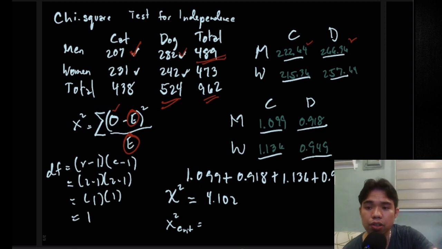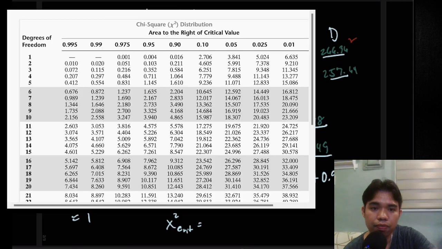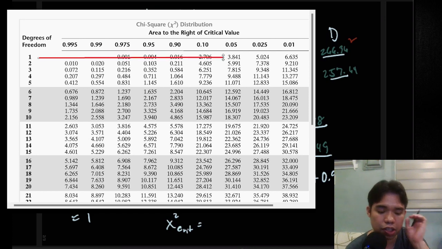Now going back to our table, the degrees of freedom will be 1, and our alpha depends on the given. So let's just assume that this is an alpha of 0.05, meaning 5% chance of error.